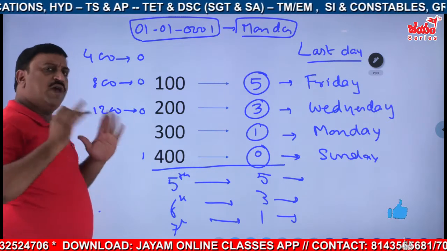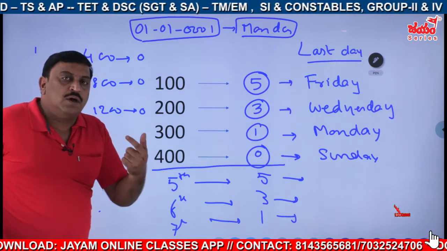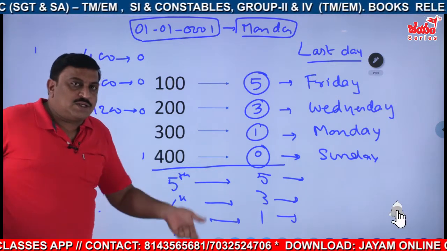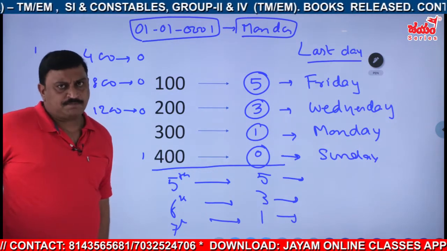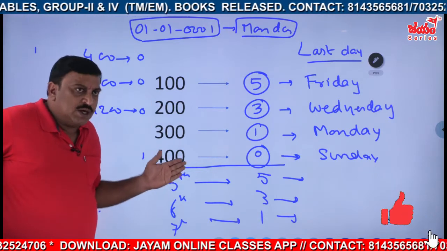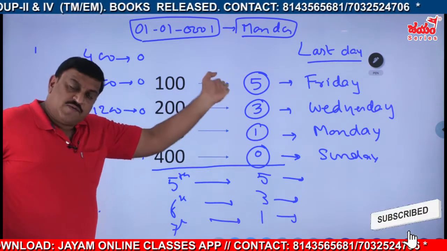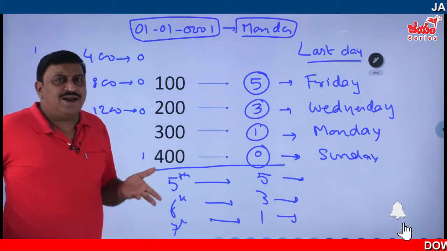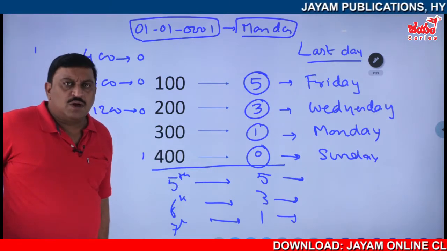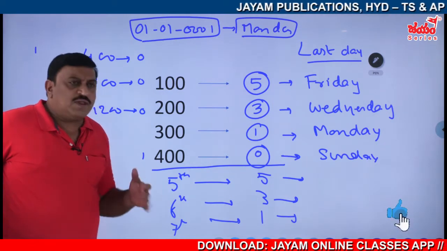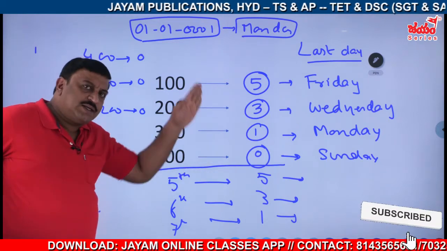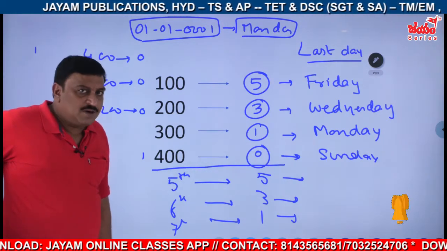Wherever you go, 2000 years, how many odd days? 2000 divided by 400, that is every 400, so it is 0 odd days. Due to the Gregorian correction only, we got all these things. If everything were a leap year, we wouldn't need this much work or explanation. We'd get everyone as 6 like that, right?